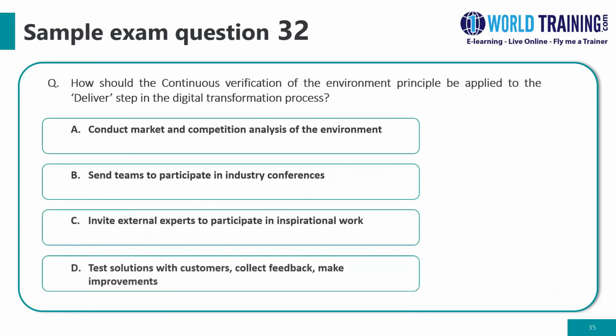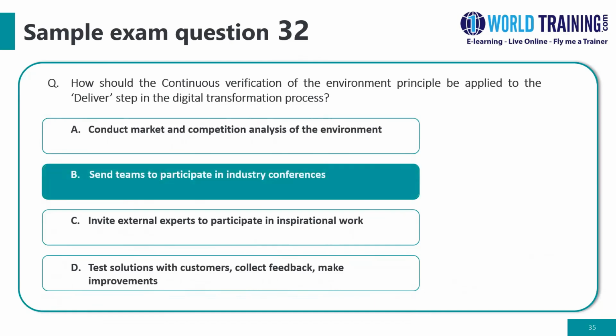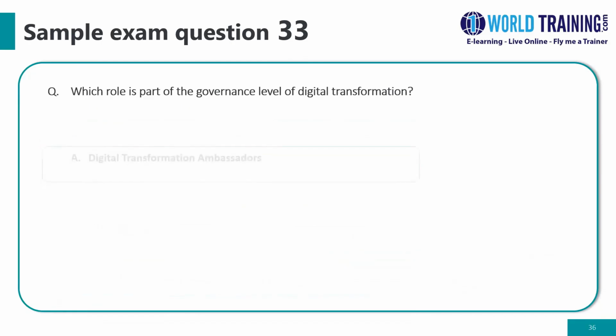Number 32, how should the continuous verification of the environment principle be applied to the deliver step in the digital transformation process? The answer is send teams to participate in industry conferences.